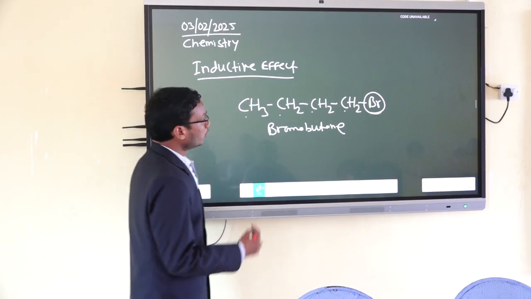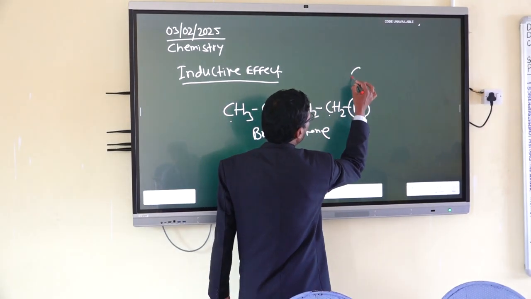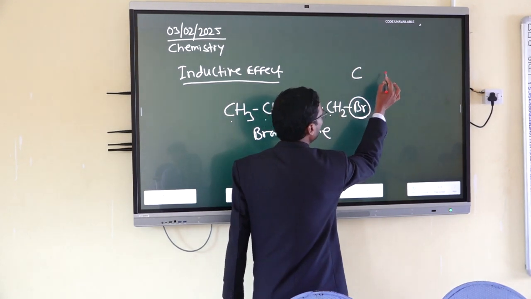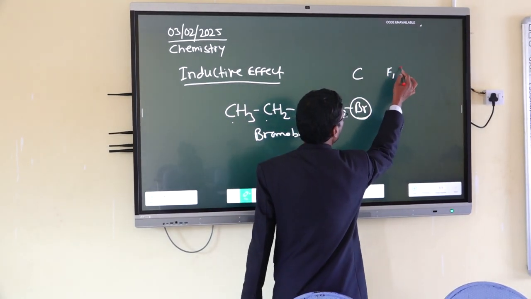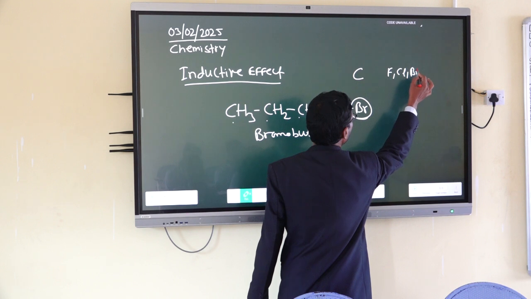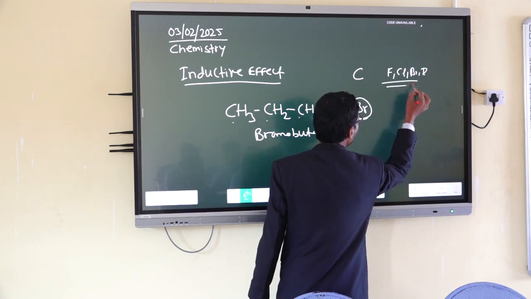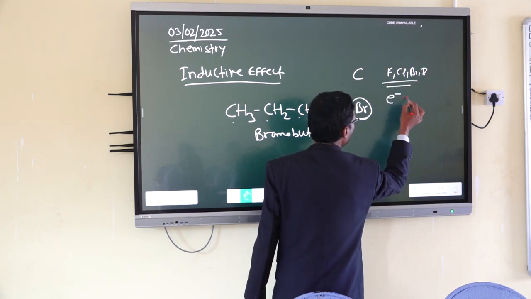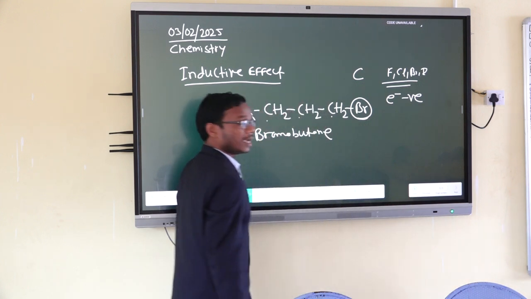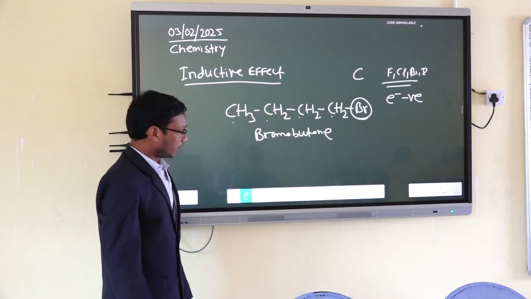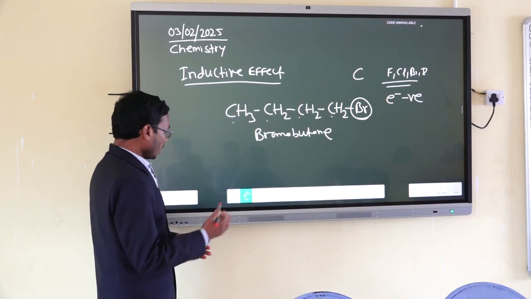Now you know that carbon is less electronegative, and fluorine, chlorine, bromine, iodine are all highly electronegative. Then what happened?